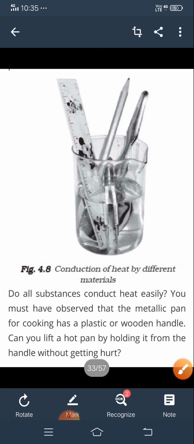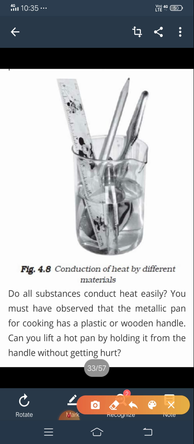What will you feel? Do all the substances conduct heat easily? You must have observed that metallic pans used for cooking have a plastic or a wooden handle.